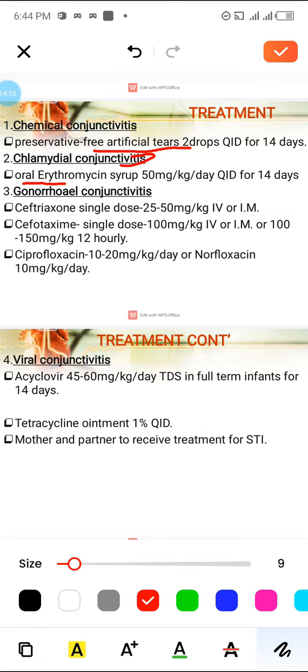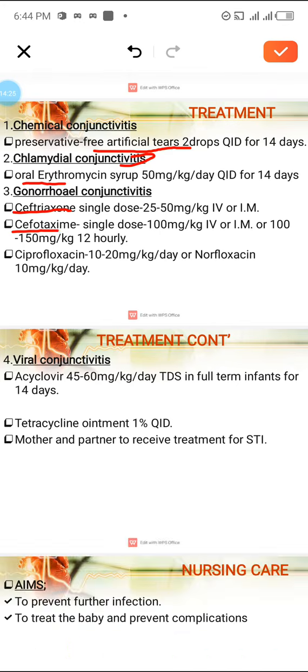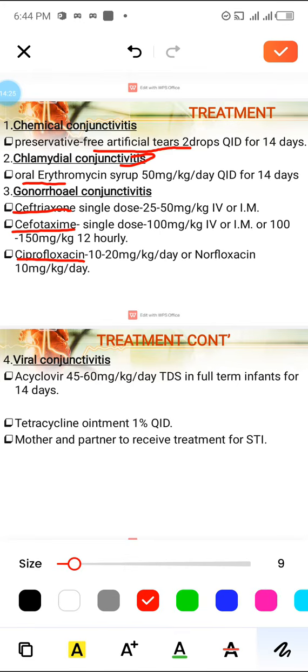What about if it's gonorrhea conjunctivitis? You're going to give a variety of drugs in this case. These antibiotics are coming from almost the same class. So you have ceftriaxone, a single dose of 25 to 50 milligrams per kg, IV or IM.